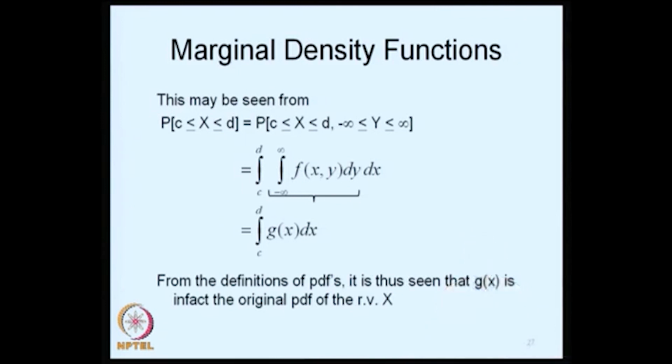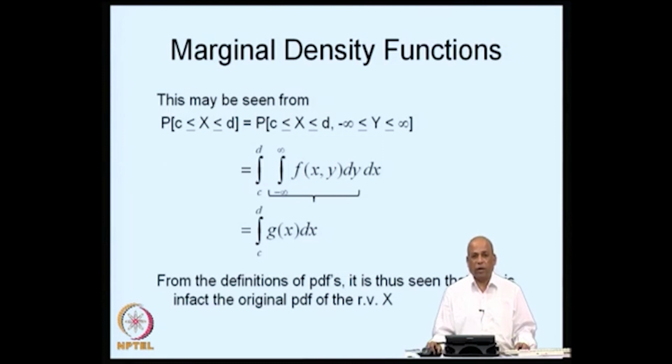Now, by definition of our marginal density, the integral from minus infinity to plus infinity of f of x y dy is in fact the marginal density g of x, and therefore we write this as the integral from c to d of g of x dx. How would we have obtained the probability that x takes on values between c and d if we had the original density function f of x?